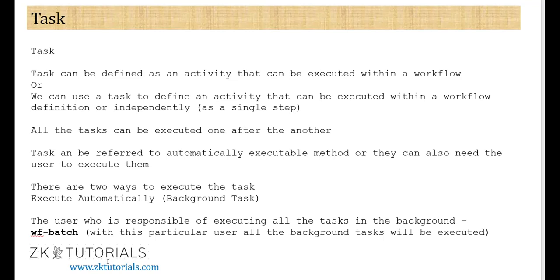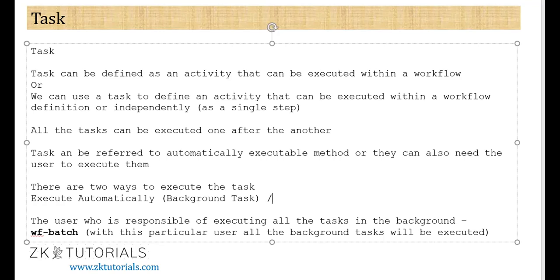A task that needs user intervention to execute cannot be executed on its own. That is my foreground task, executable by the user, for example a user decision. So the two types are background task and foreground task.